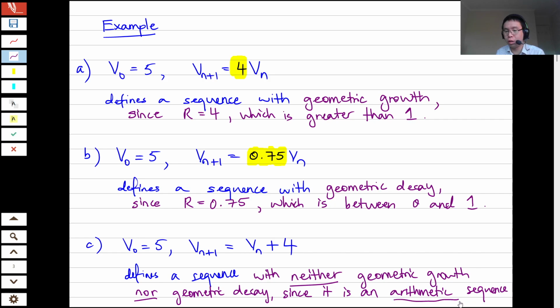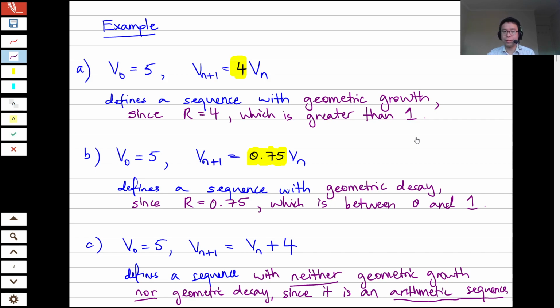So recall, if you've forgotten, in an arithmetic sequence, we add the same number each time. In a geometric sequence, we multiply by the same number each time. If we're not multiplying the same number each time, as we are not in this particular instance, we can't speak of geometric growth or geometric decay.